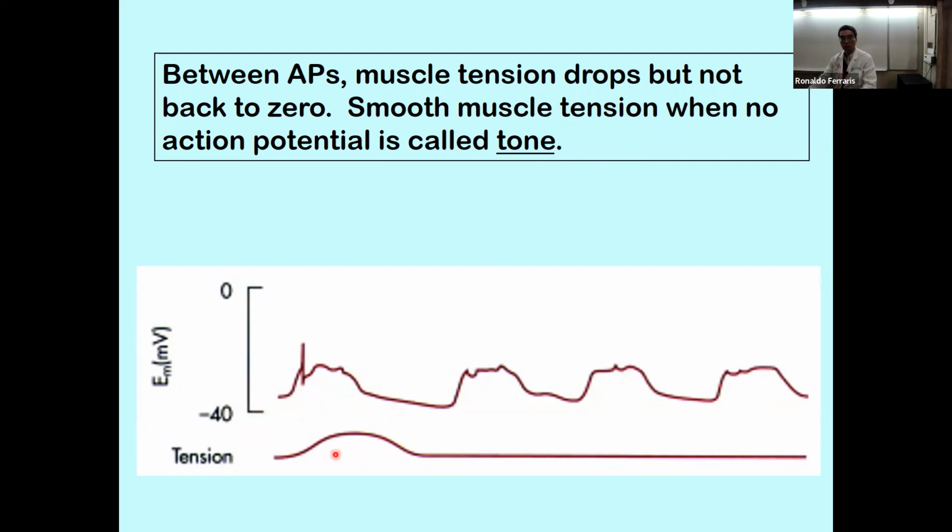Even if you don't cross the thresholds, if your slow waves don't cross the threshold for contraction, the tension in the smooth muscle is not zero. When there is no action potential, what you have is termed tone in various textbooks.